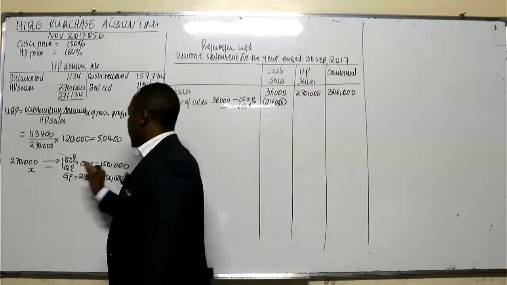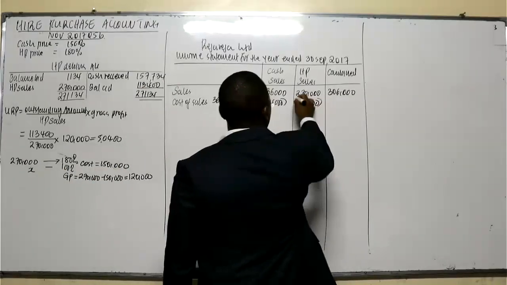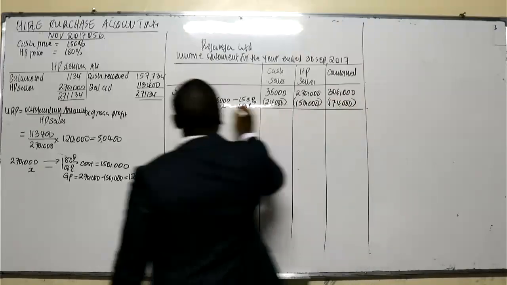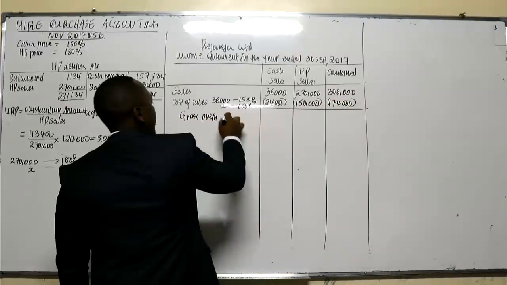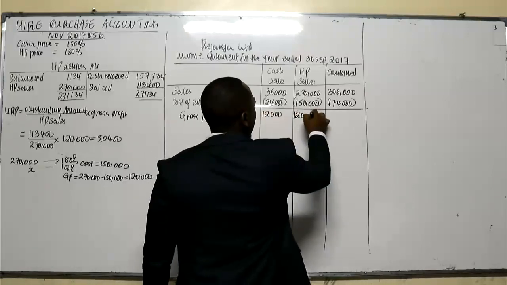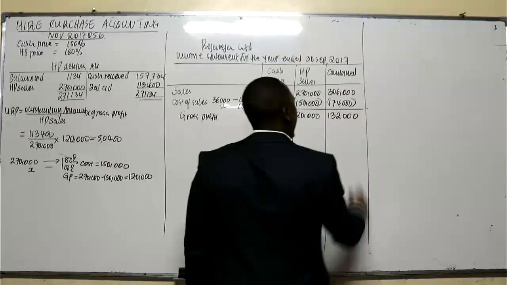What about 100? So it's 150. And the total is an amount of 174. And that's how we get the gross profits. Here we have 12, 120, and the total is 132.